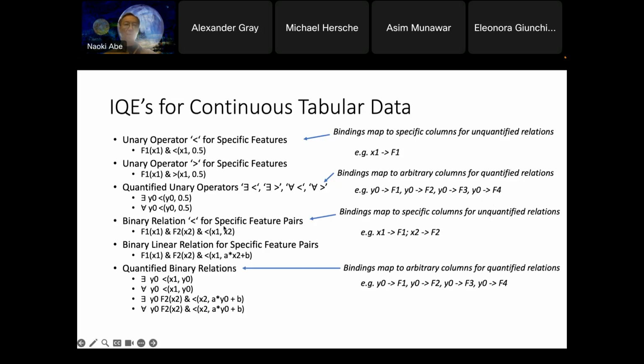You can have binary relations, for example, that feature F1 is less than feature F2. For this kind of relation, the variables will map to specific columns. You may also have quantified binary relations, where you might say there exists some column such that x1 is less than that column, and for such a quantified variable, the bindings will have to map to arbitrary columns.